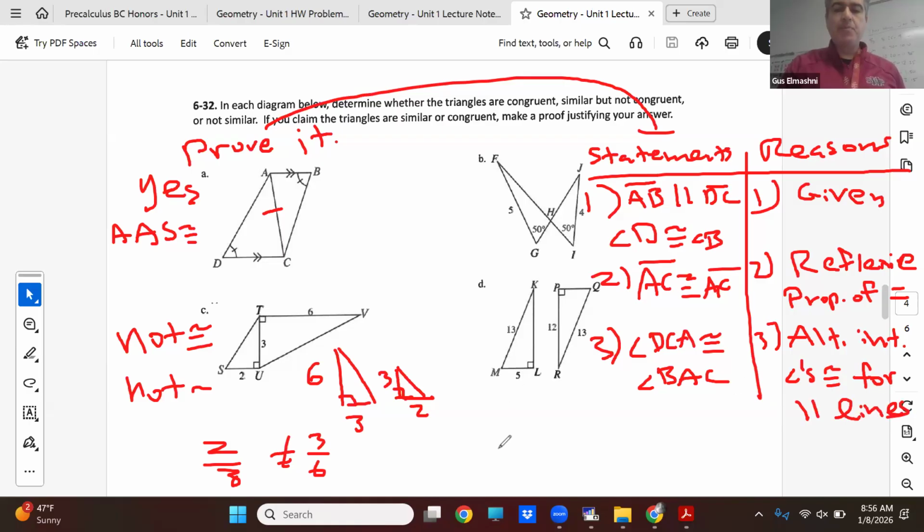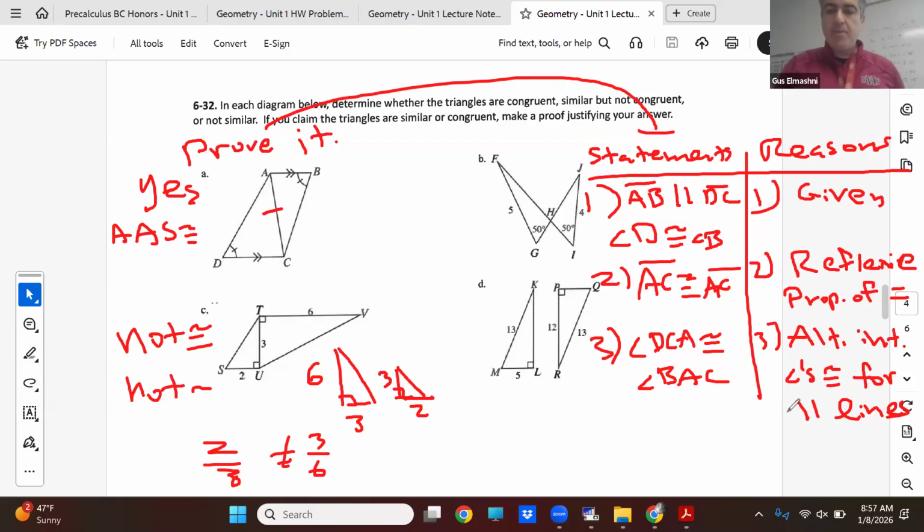For example, if I deliberately draw two lines that are not parallel, those are alternate interior angles, but are those the same? No, because those are not parallel lines. So you can't just say alternate interior angles are congruent. That's not sufficient. You have to add the part about parallel lines. Otherwise, they'll give you half a point instead of a full point. So you got to be careful about that.